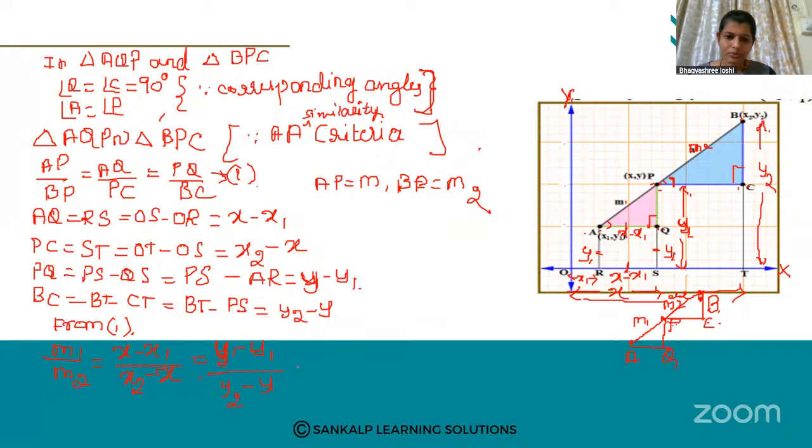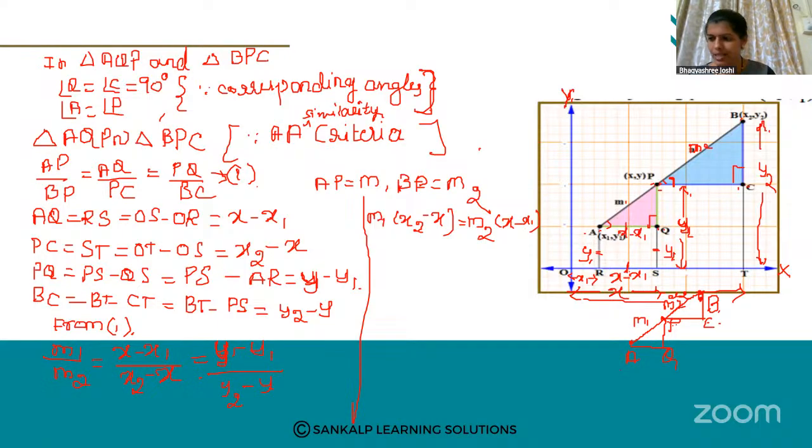Next one, again we will do it now. We'll do cross multiplication. M1 into X2 minus X is equal to M2 into X minus X1.